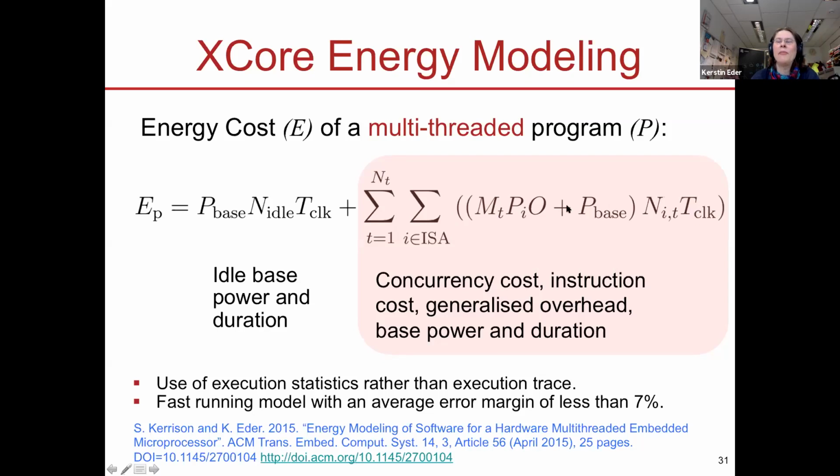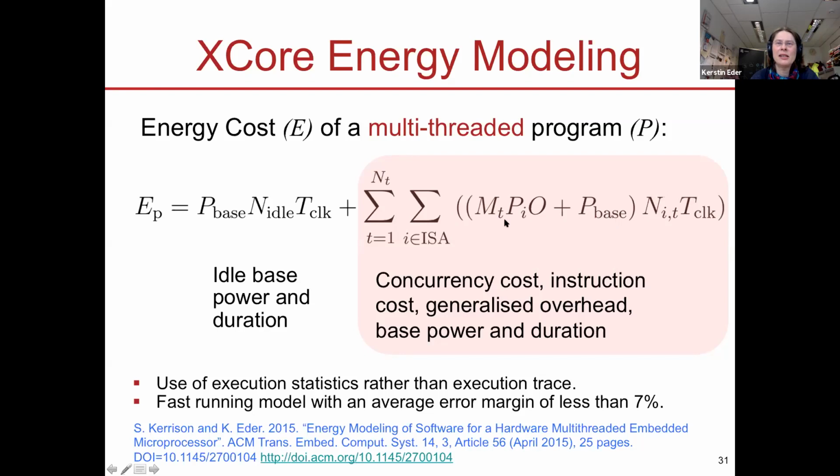Okay, and then there is the base cost, the base power for the processor to operate, and that needs to be considered with the number of times instruction I is executed at the concurrency level T with respect to the clock period.